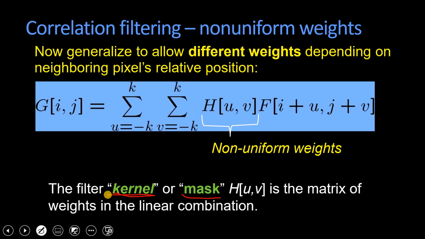And overall, this process of correlation, where we use the small mask or the kernel and apply it on the image, we overall call filtering. That is also the name of the chapter, filtering. So this is how we apply the mask or the kernel on the images to achieve something.